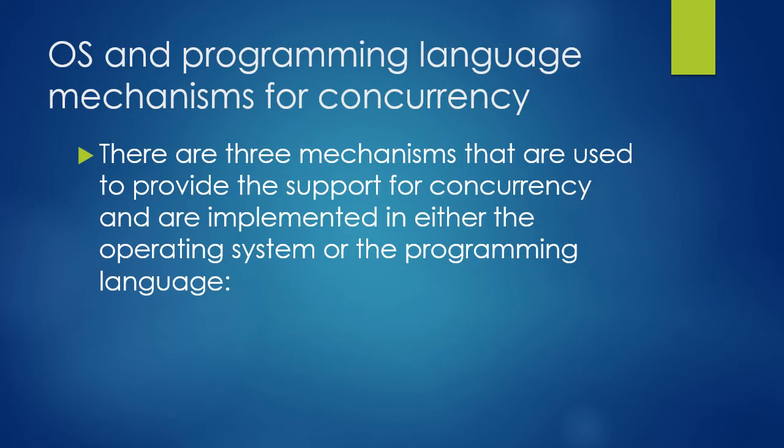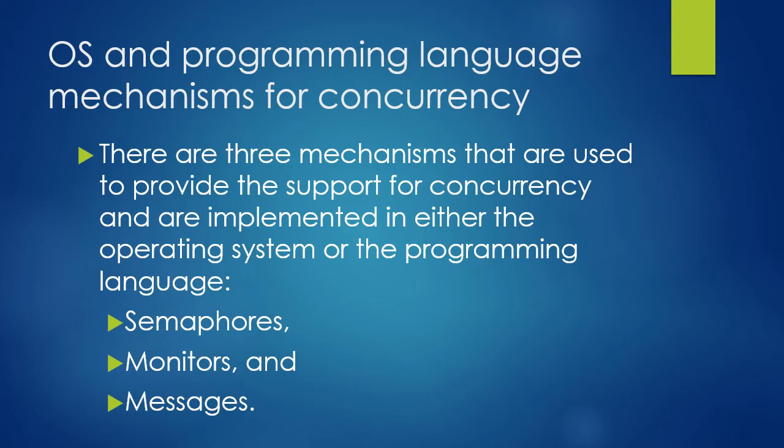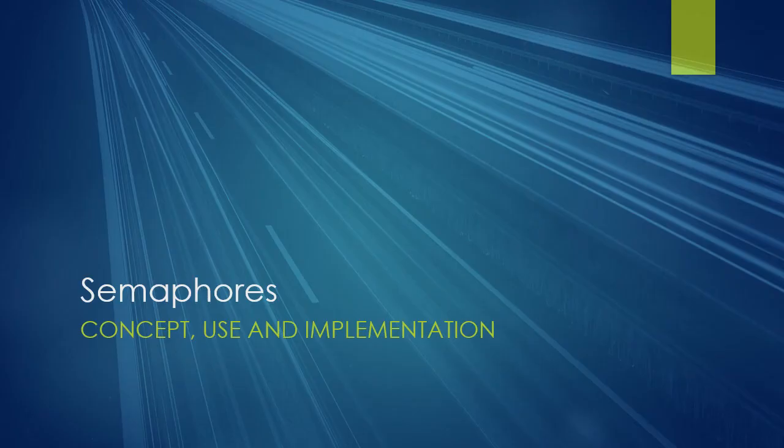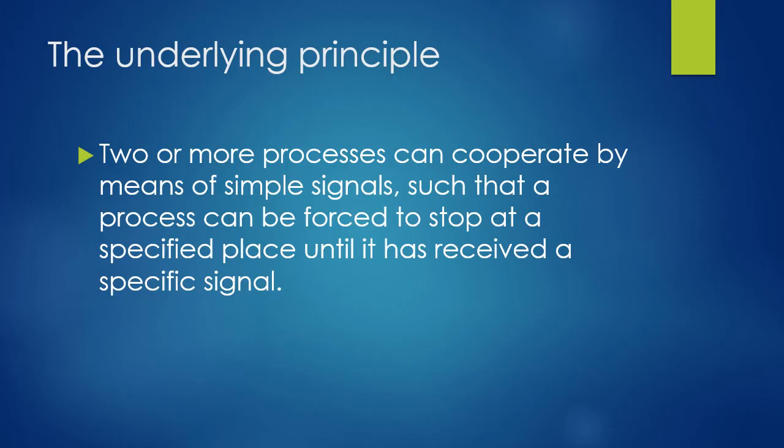There are three mechanisms that are used to provide support for concurrency and are implemented in either the operating system or the programming language. These are semaphores, monitors, and messages. Now we begin our discussion on semaphores.